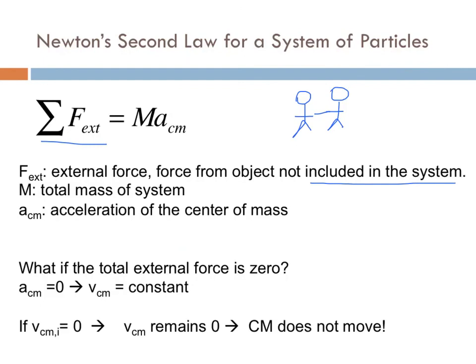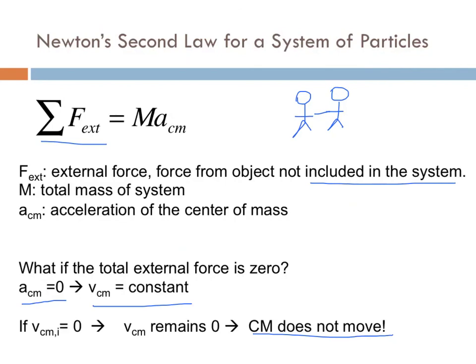So, what if the total external force is zero, meaning that there are only internal forces acting here? Well, then that means that the acceleration of the center of mass is zero, meaning that our center of mass velocity would be constant. Now, if the center of mass is at rest at the beginning, then the center of mass remains at rest, which means that the center of mass does not move.